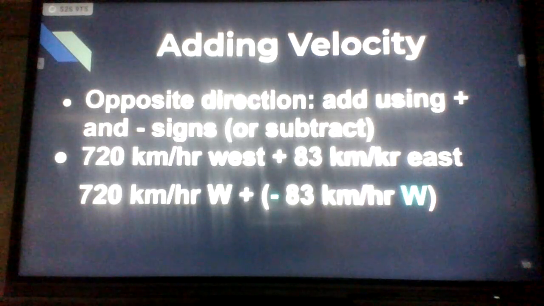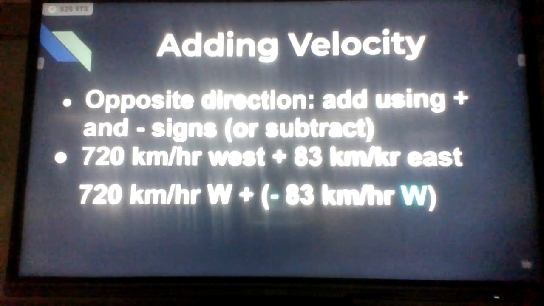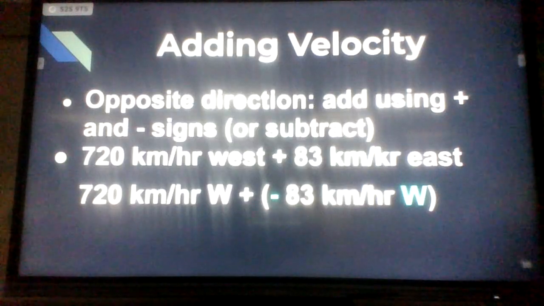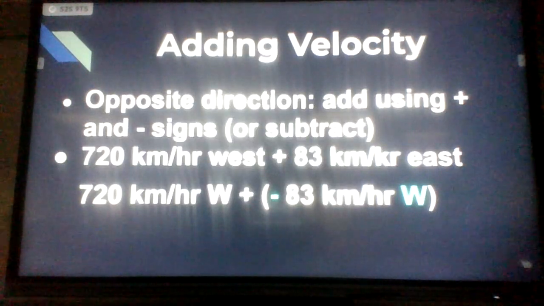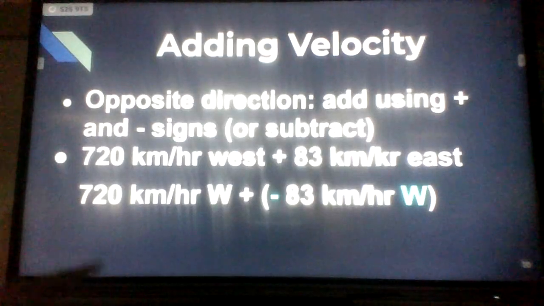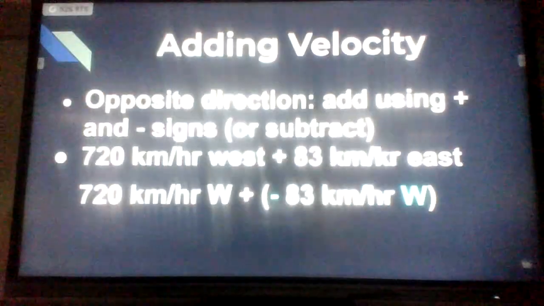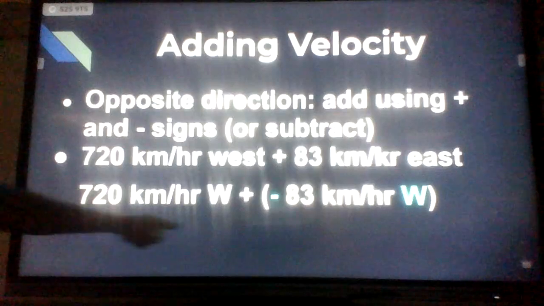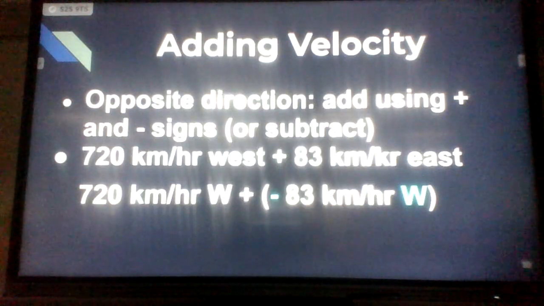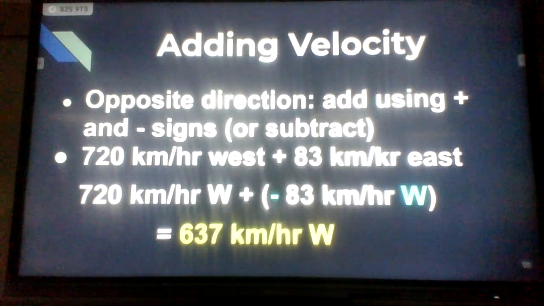So now I have 720 kilometers per hour west plus negative, or I could have said minus 83 kilometers per hour west. I highlighted the negative in the west. Oh, I see a mistake that, oh, nope, I got it. Because I said negative here, I can change that east to west. Because we're going 720 and back 83. And then that answer is 637 kilometers per hour west will be our net velocity.